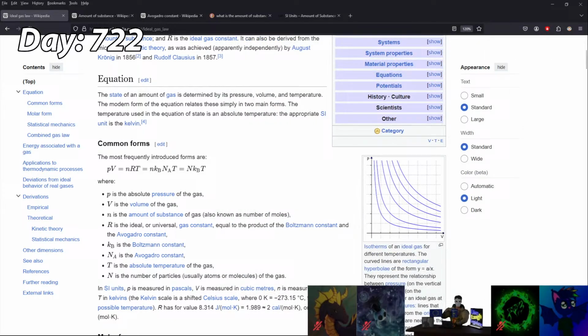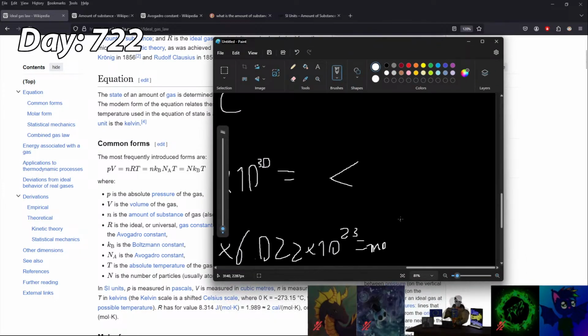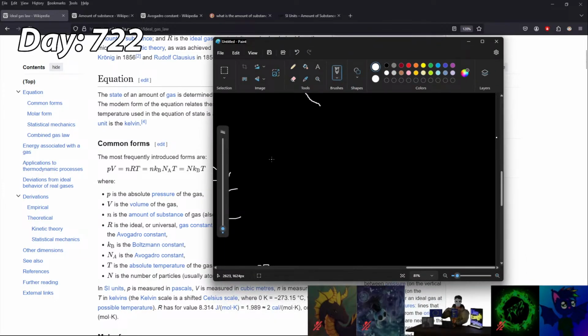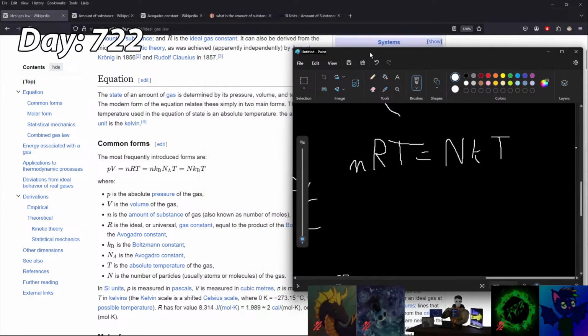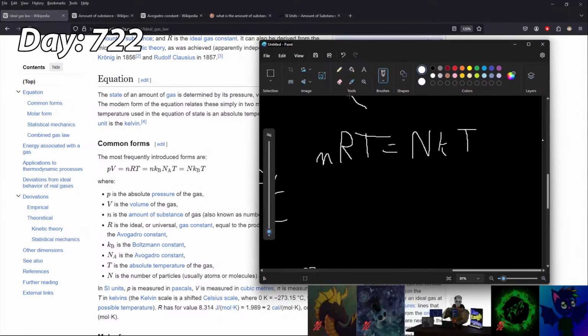Let me actually do that step by step, because maybe that would help. So we have nRT is equal to NkT. Just this one is equal to this one. Now express it in terms of units.